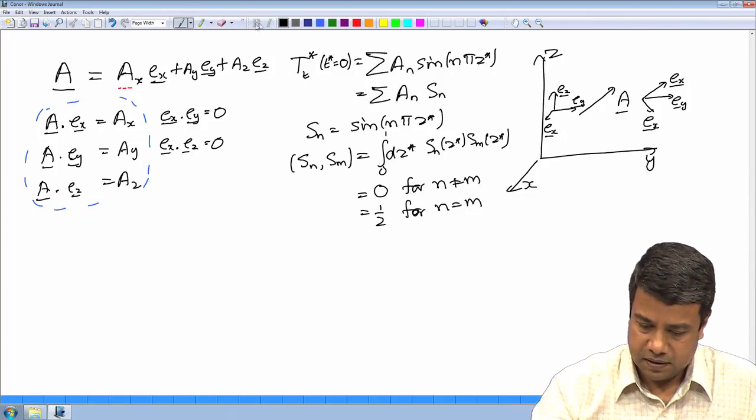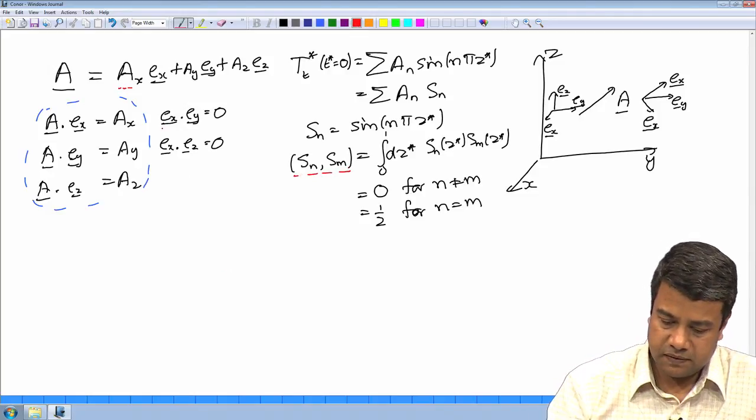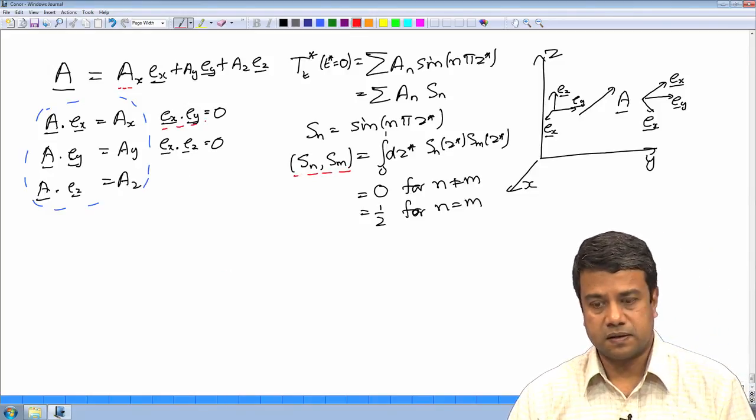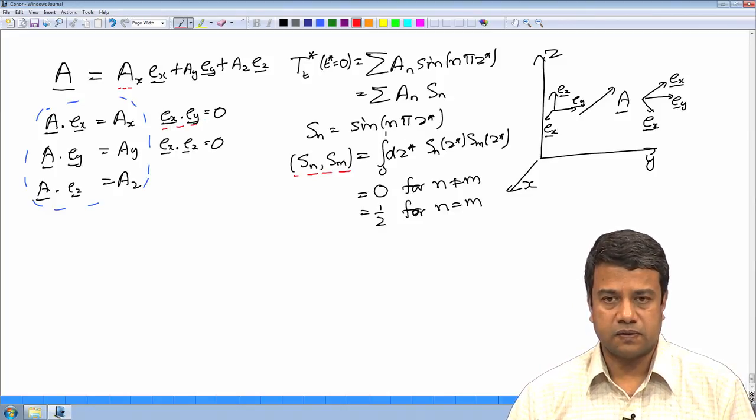So, this thing in the case of these functions is the equivalent of the dot product in the case of vectors.